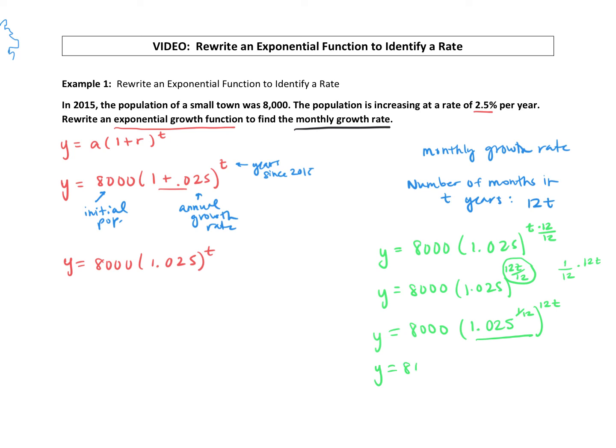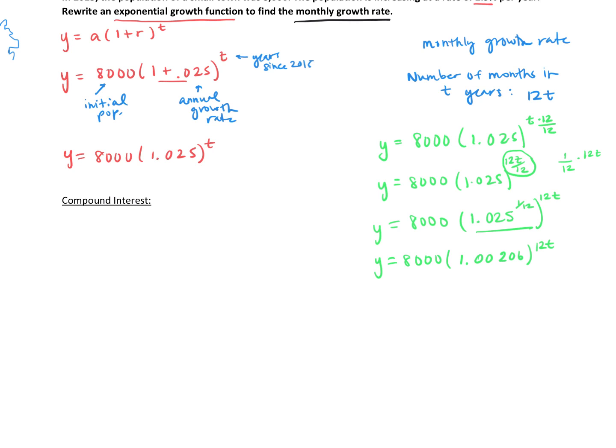So y equals 8,000 times, when you raise that to the 1/12 power, you're going to get 1.00206 to the 12t power. And again, now that we have an exponent of 12t, we're working in months. And then this 1.00206 will help us get our monthly growth rate.